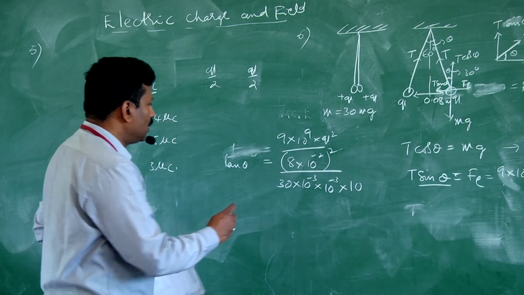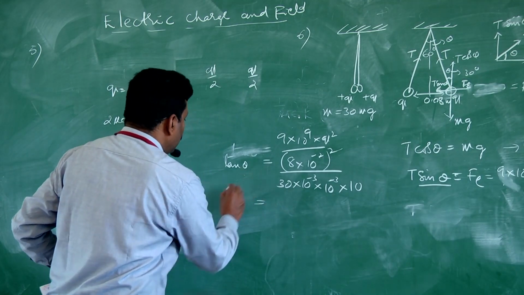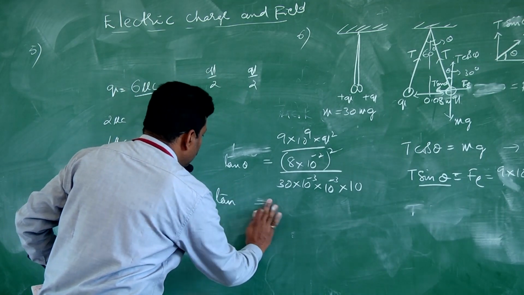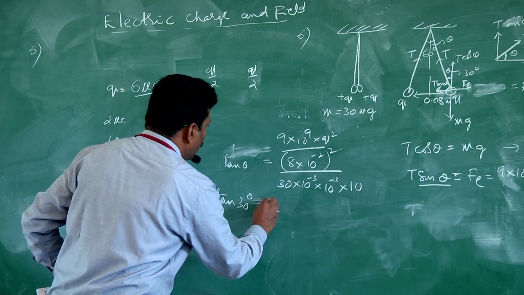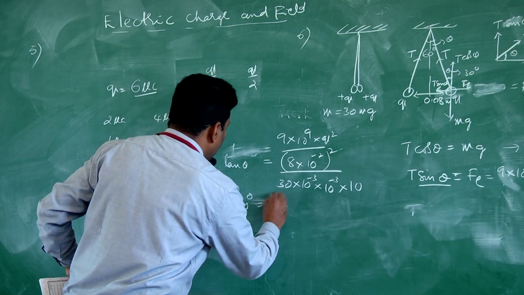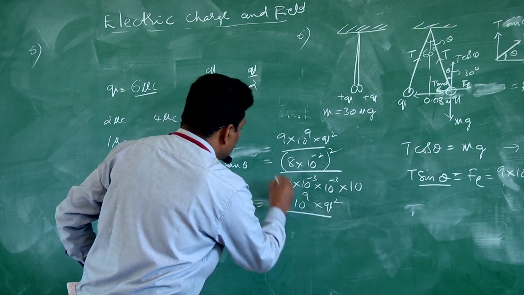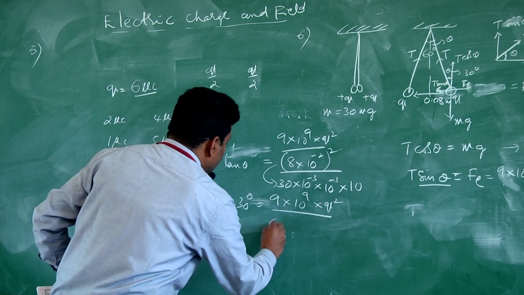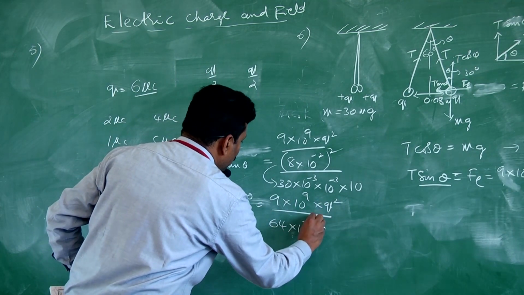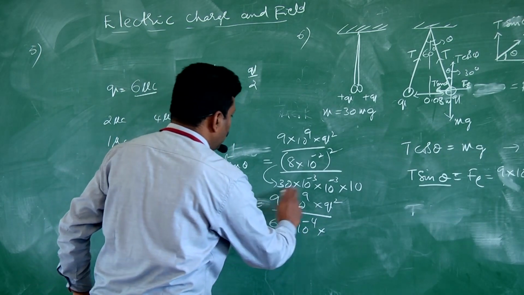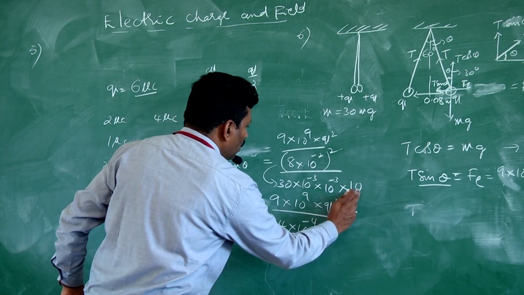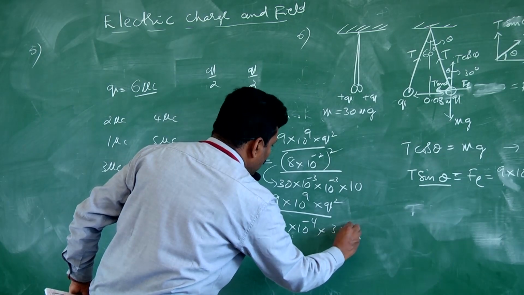Okay, now this will be equal to tan theta, tan 30 degree, tan 30 is equal to, so this will be 9 into 10 to the power 9 q squared. This comes to denominator, so it is 64 into 10 to the power minus 4. Okay, and this will be 1 to 10 cancel ಆಗುತ್ತೆ, 3 into 10 to the power minus 6.